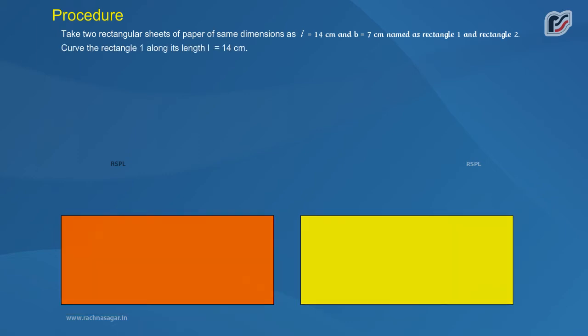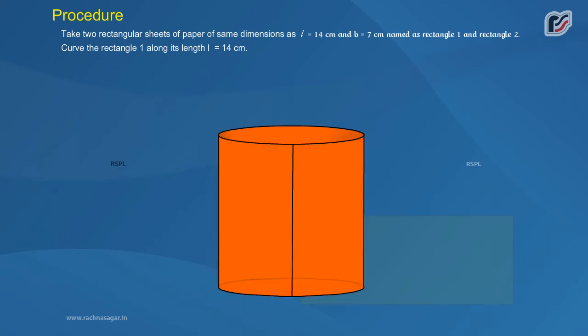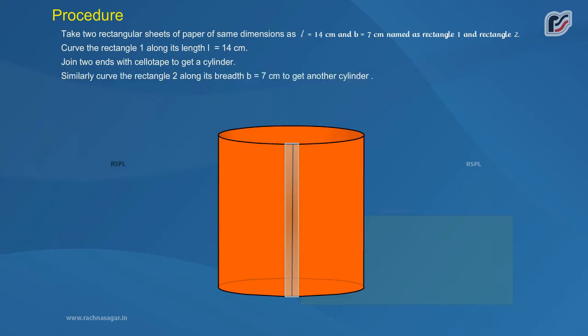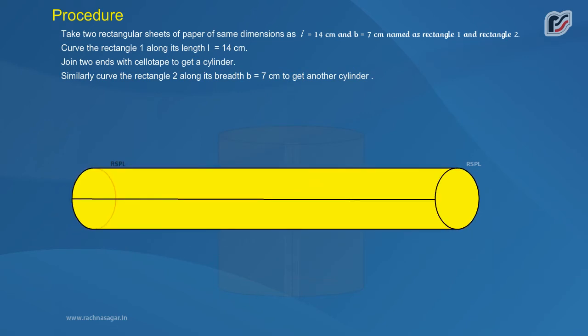Second, curve the rectangle 1 along its length L equal to 14 cm. Third, join two ends with sellotape to get a cylinder. Fourth, similarly curve the rectangle 2 along its breadth B equal to 7 cm to get another cylinder.